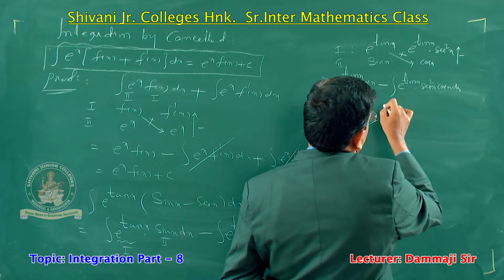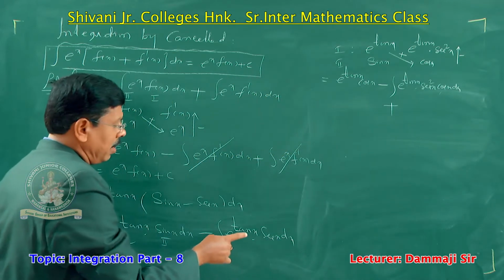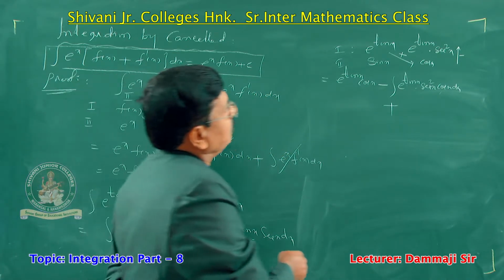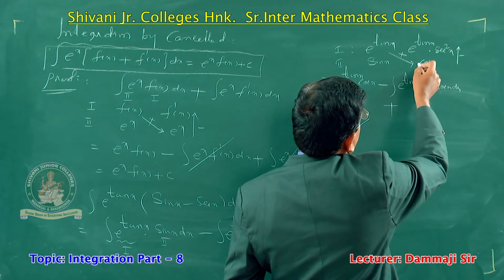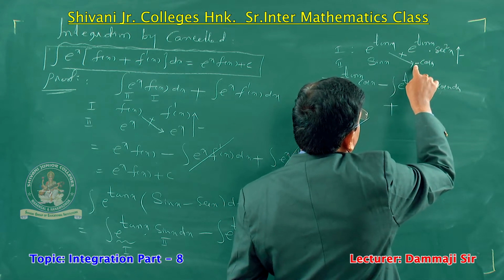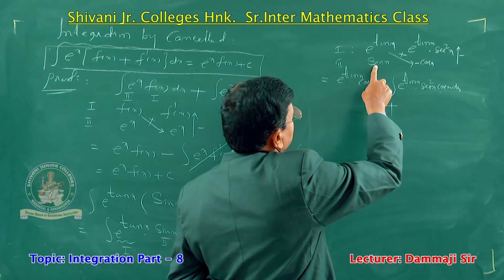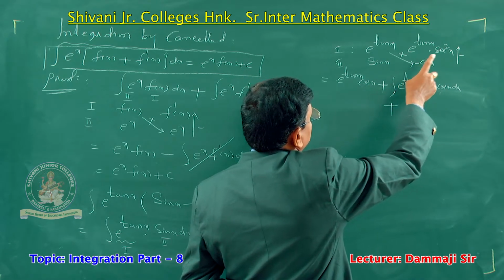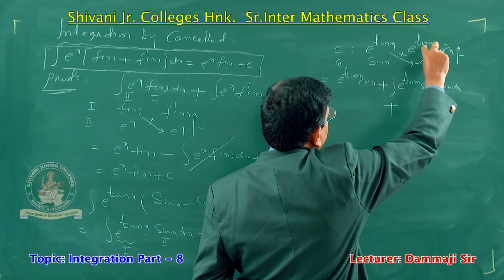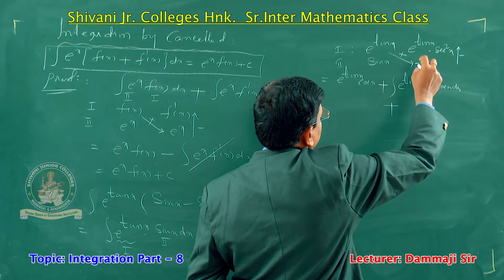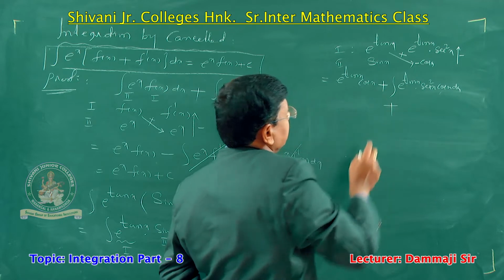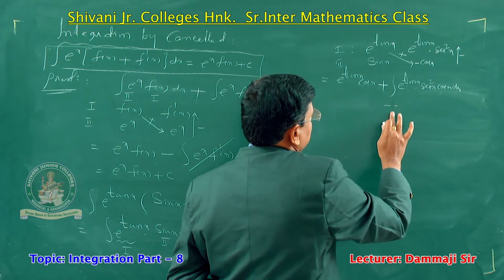Plus one more term, already there, the same as it is, minus the integral of sin. You know very well, integral of sin is minus cos, multiplied with the negative sign, so minus of minus is plus.